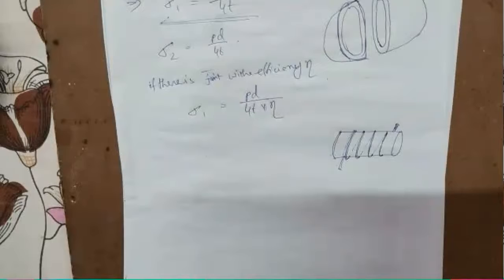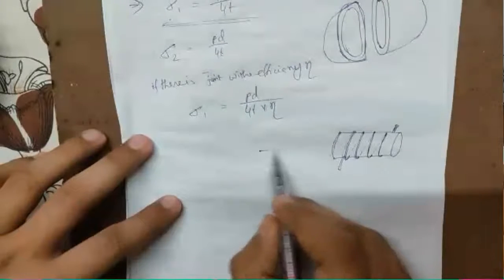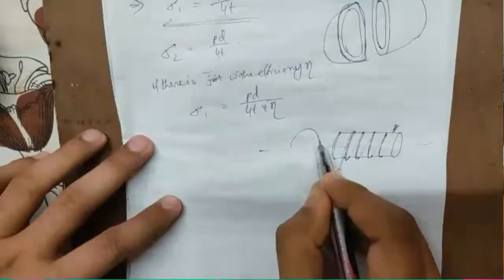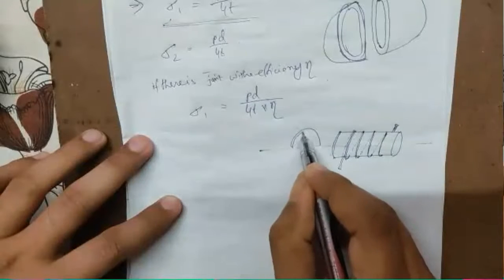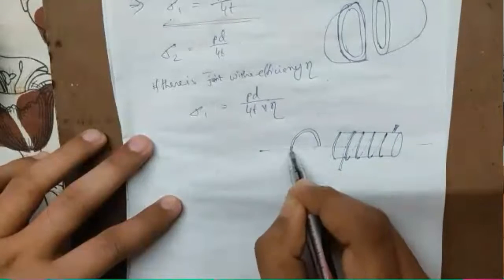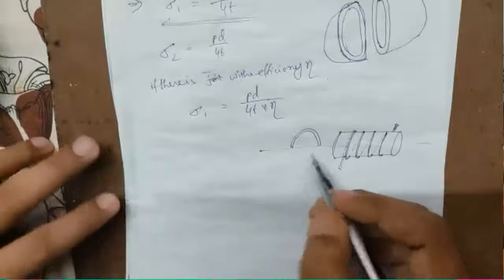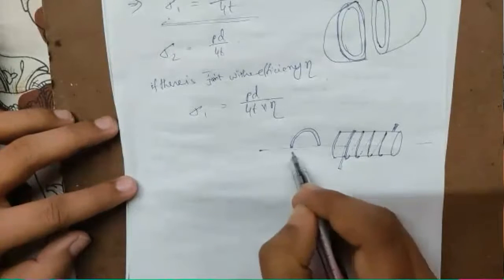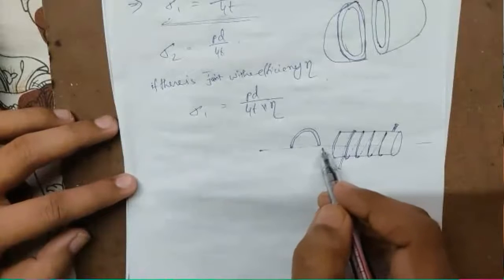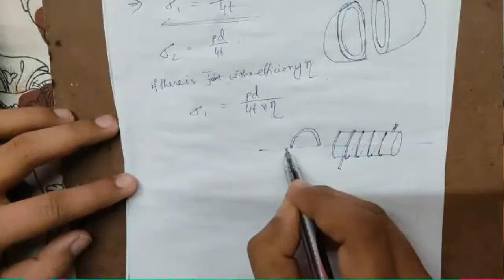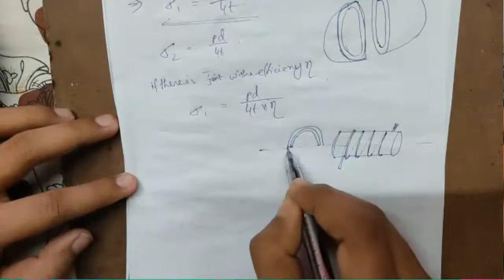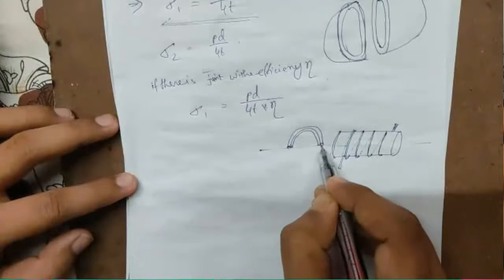So in that case, what happens is the hoop stress is supported by the material of the cylindrical pressure vessel itself plus these wires also.